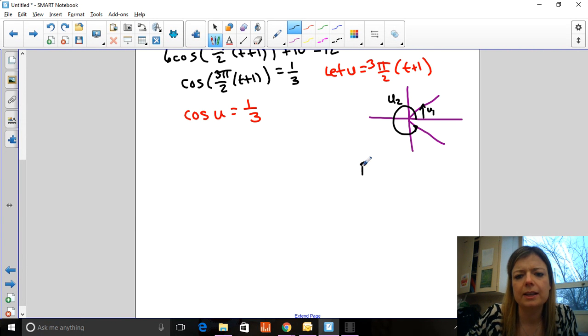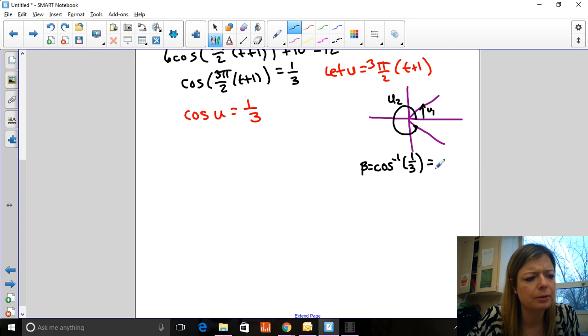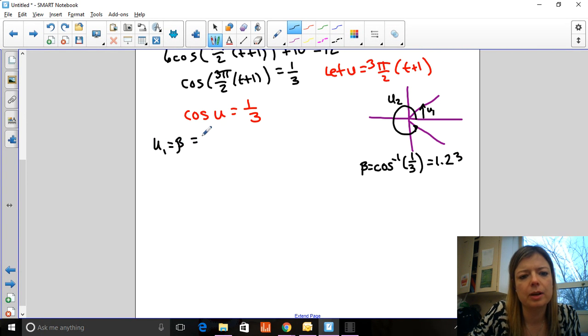So beta is just, use your calculator, the inverse cos of 1/3. So make sure you're using the fraction. And you'll find, if your calculator is in radians, that beta is equal to 1.23. Okay, so u1 is just the same as beta, so it is 1.23. And u2 is just 2 pi minus beta, and that is equal to 5.05.